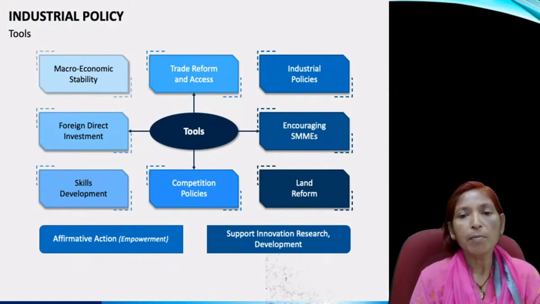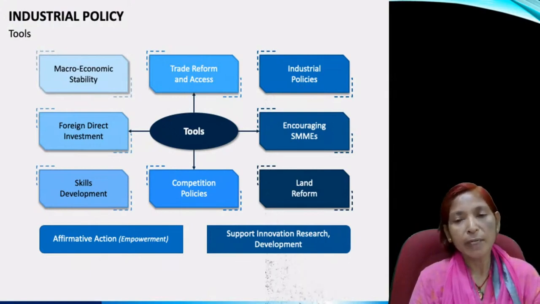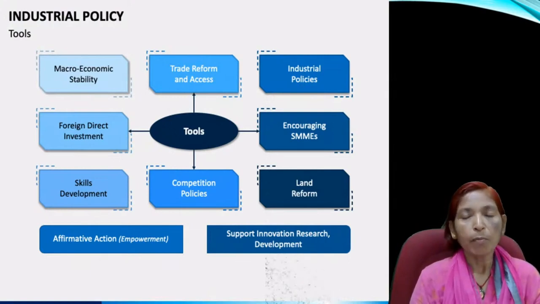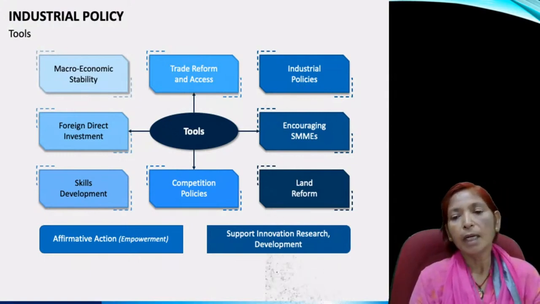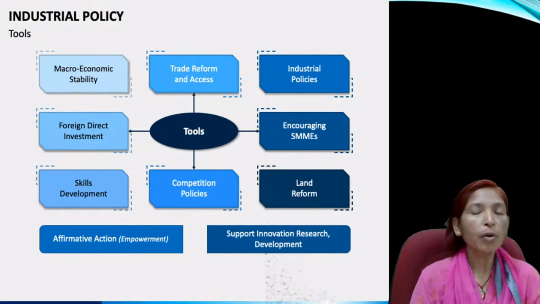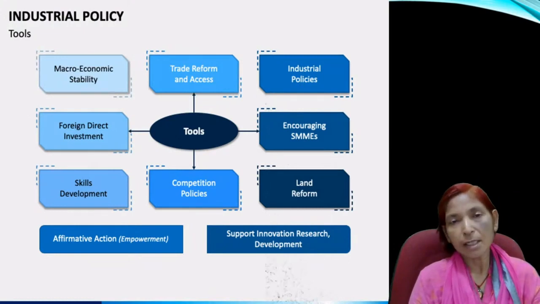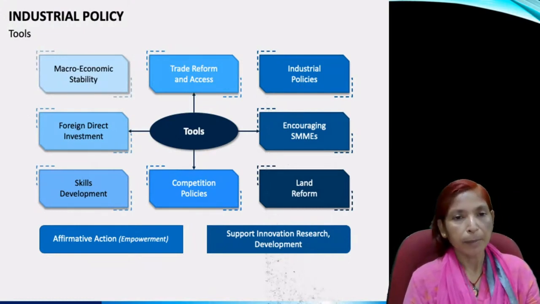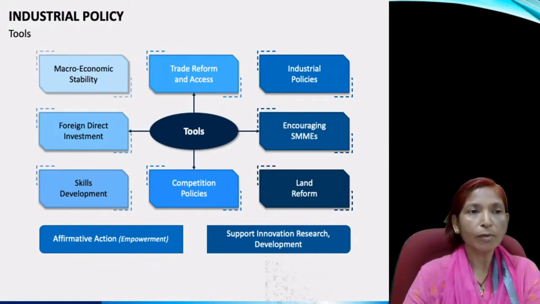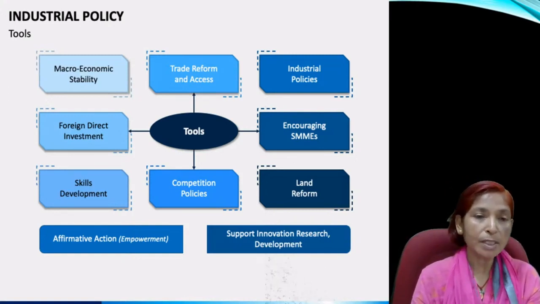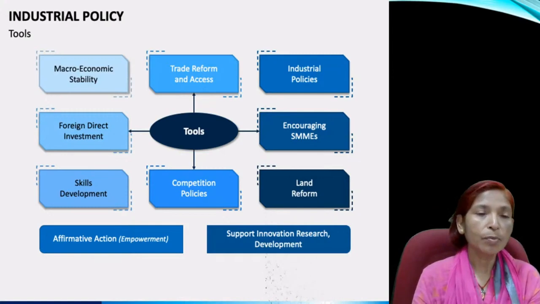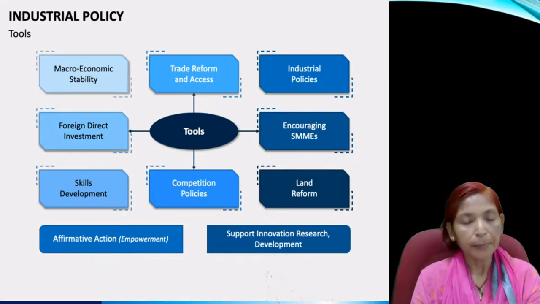M means micro, other M means medium, S means small: micro, small, medium, and large enterprises, land reforms, and support for innovation and research sector, research and development should be promoted. So these are the main tools of industrial policies which are used by the policy makers.